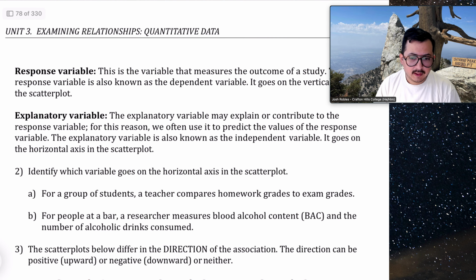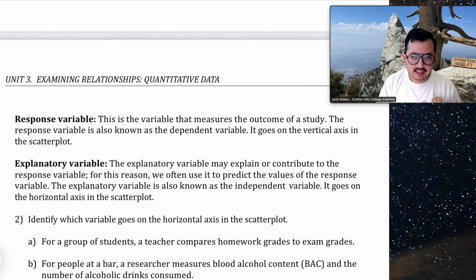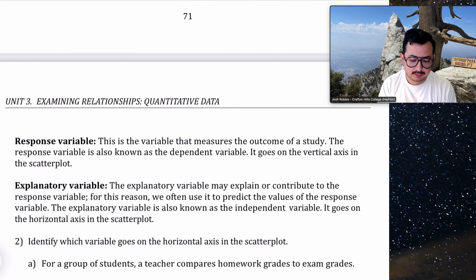And so we categorize each of those two variables as one that explains the other. This is common. It's not always required, but it gives you a really good sense of which variable is which.